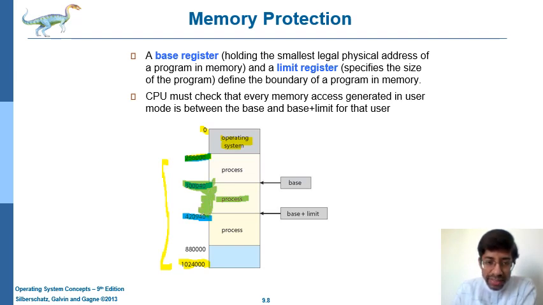So all access requests from the memory region 300040 till 420940, less than 420940, would be considered as valid access addresses for this process, whereas any access beyond the limit, that means memory addresses less than 300040 or the memory locations onward 420940, would be treated as an invalid memory access request for this process.